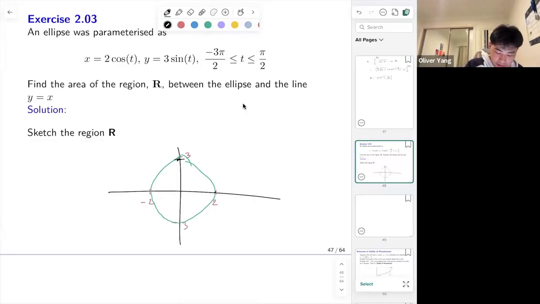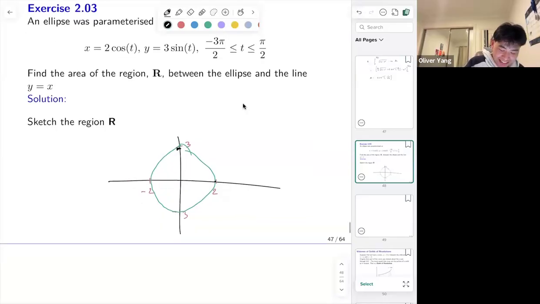Sorry, not that, that's not pi on 2. Pi on 2 is here. No, I'm tweaking, that's my bad. Pi on 2 is on the y-axis here. And you've got -pi on 2, so that's from here.